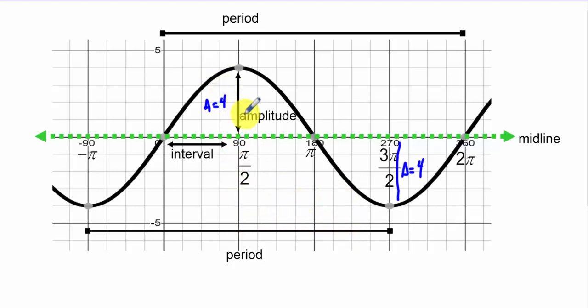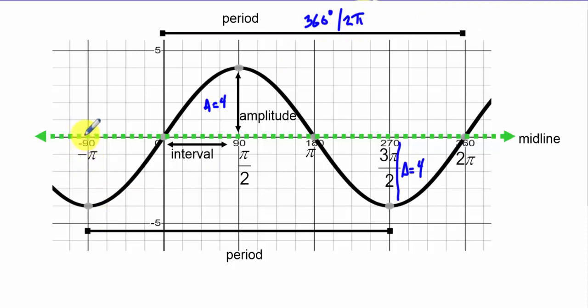And then the time it takes for the graph to repeat itself is called the period. Notice up, down, up, and here I go repeating itself. I can go from this point here to this point here, and then it repeats itself. That's also a period. You'll notice the period is 360 degrees, or 2 pi in this case.